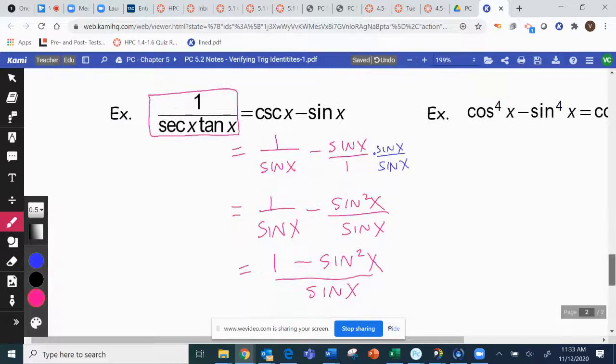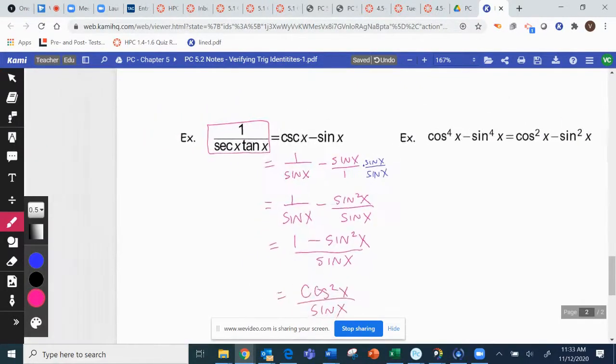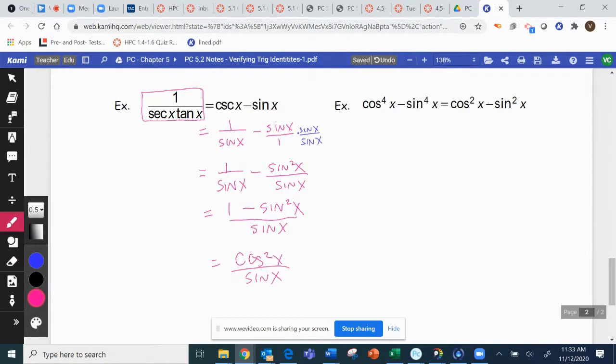So now I'm like, what are we trying to get again? We're trying to get a secant and a tangent in a denominator. Are we getting close at all? I've got to fix my cosine. It's ugly. I couldn't handle it. Oh, it's still ugly.